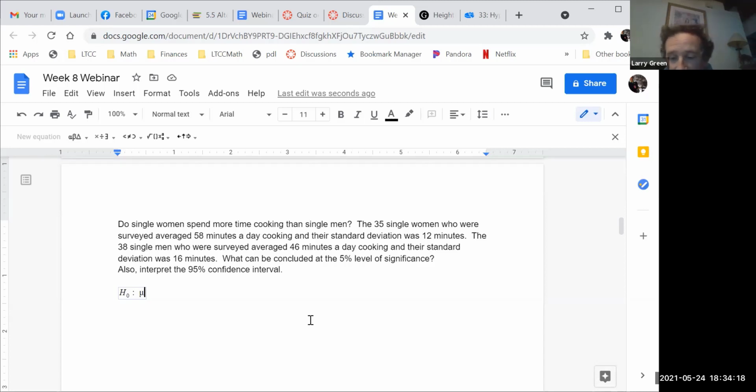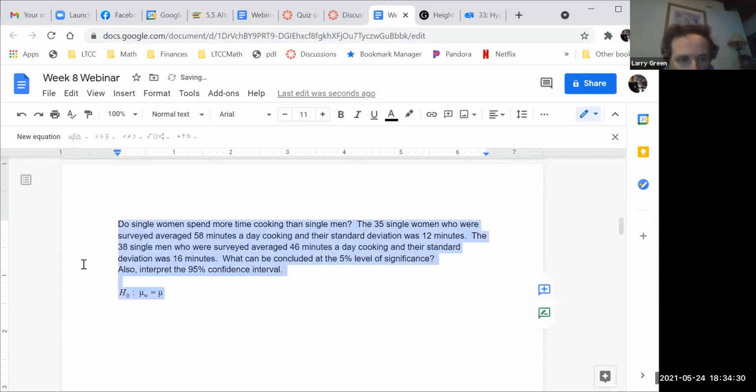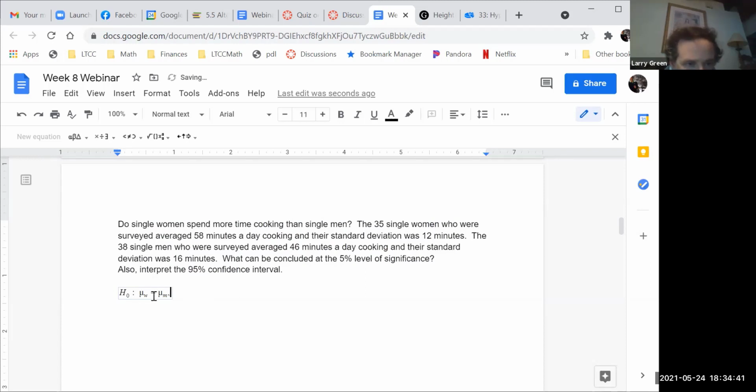So how about mu sub W equals mu sub M for women and men. And that way we can really see what's up. Just want to make it bigger so you can see it.